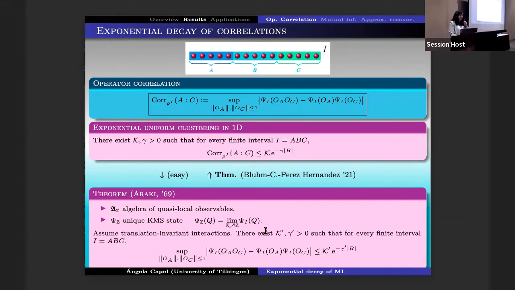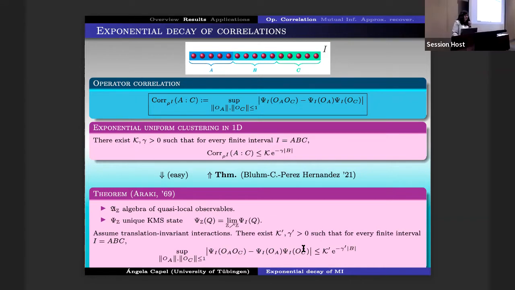And what we proved here, which is a bit more subtle, is that Araki's result actually implies that there is exponential uniform clustering in 1D. So the result, even if I phrase it here assuming translation invariant interactions, what we are proving is just that this form of decay of correlations and this form of decay of correlations are equivalent. And then if you have translation invariant interactions, both of them hold. Okay, so this is the first result that I wanted to mention.